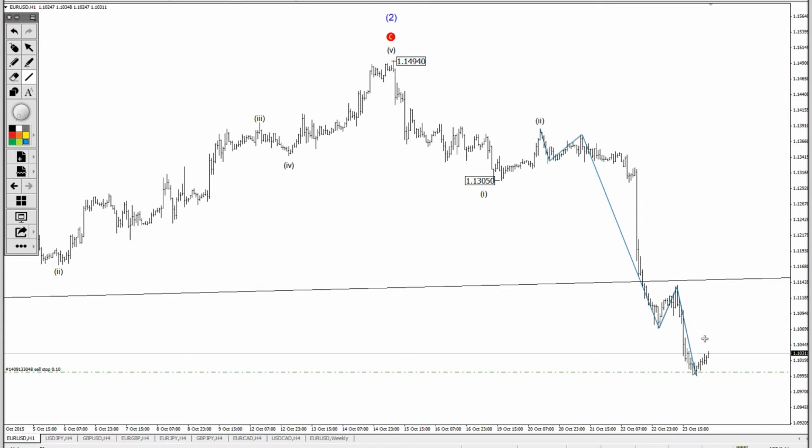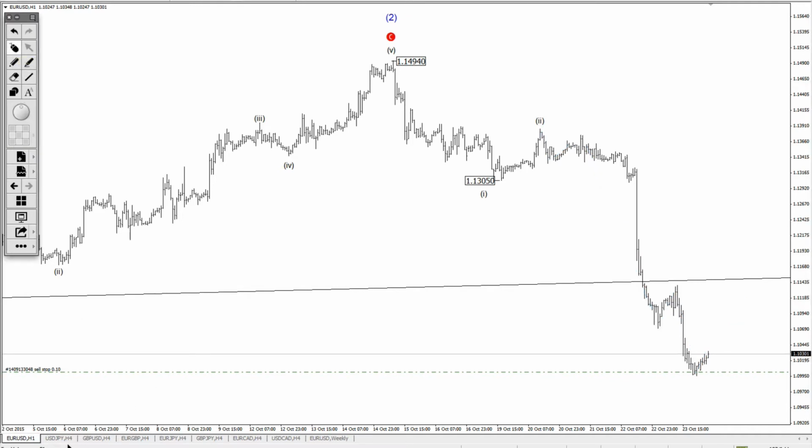So we can expect now a 3-wave pullback, possibly around 111.2 level, maybe slightly higher than that. But since this is a very powerful decline, the recent decline, we are not going to trade this correction, even if there is a potential for about 100 pip trade. We are going to wait patiently and catch the next move down on this pair.